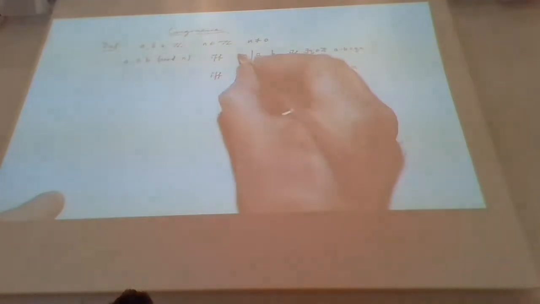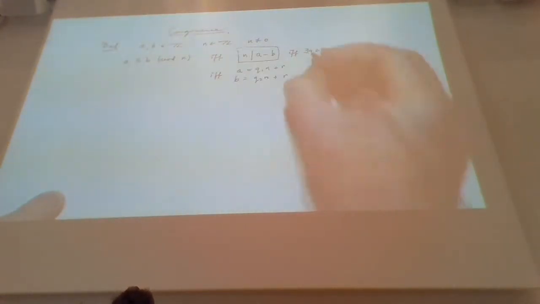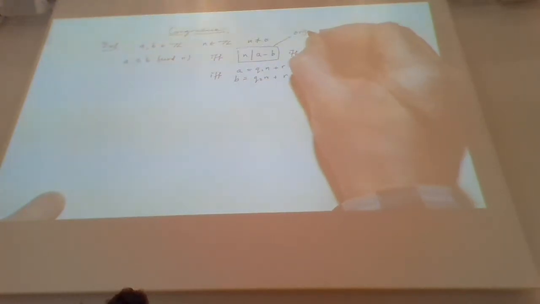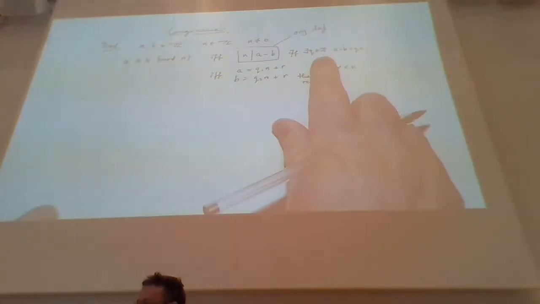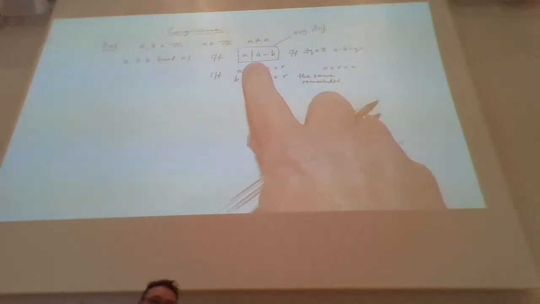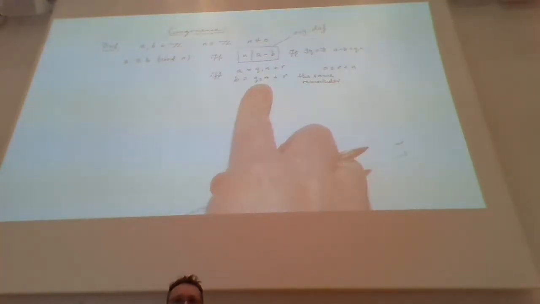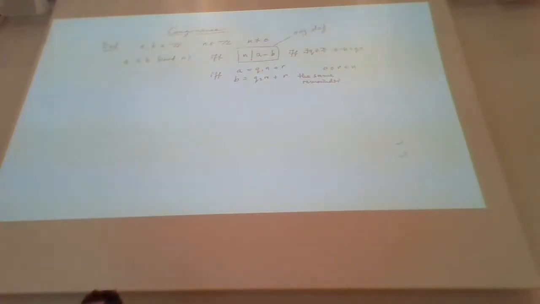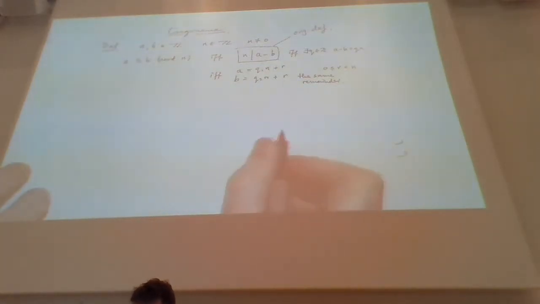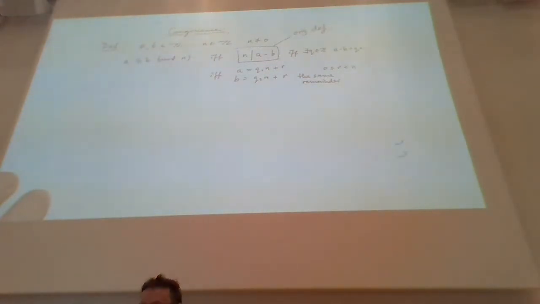This was our original definition. This is an alternative statement, which is the definition of the divisibility statement, and this was a theorem we proved, which was saying that having the same remainder is the same as being congruent.